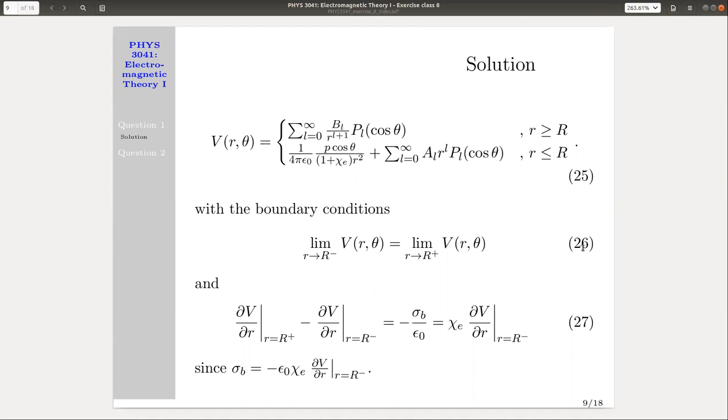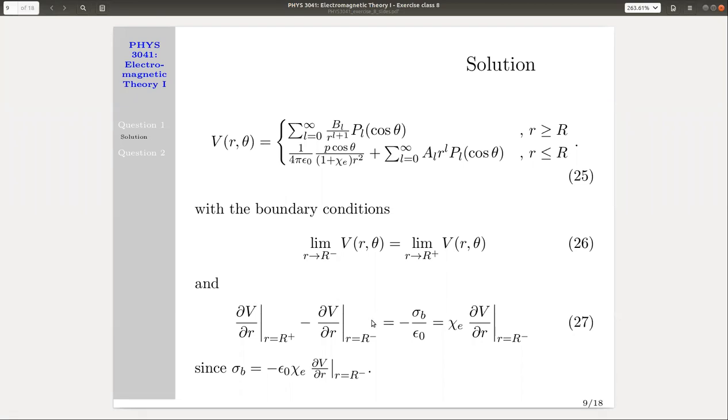So now it will be very straightforward to solve the Laplace equation. As usual, we impose the boundary conditions. The first one is to require the potential to be continuous across the boundary.